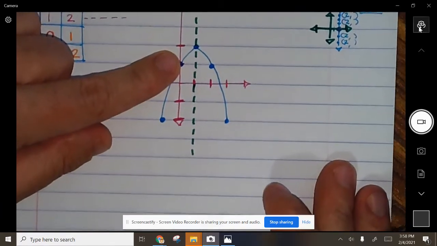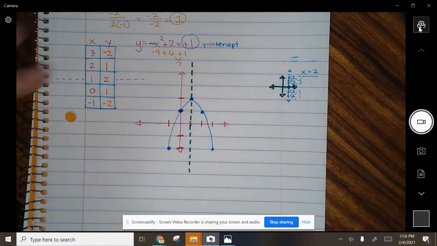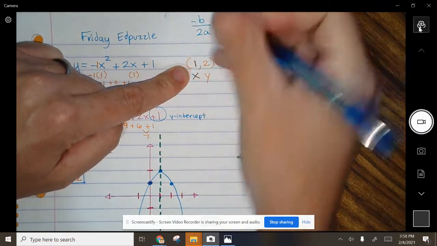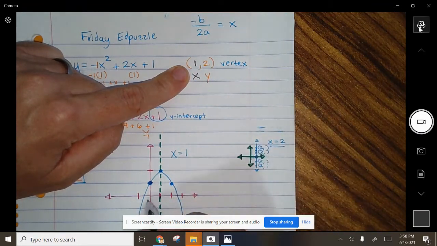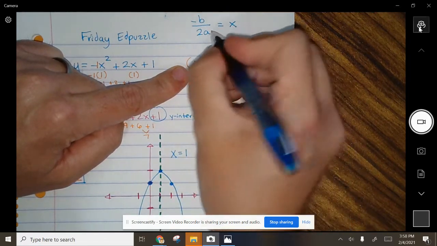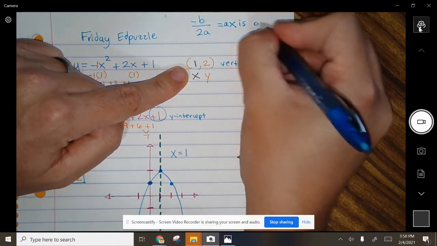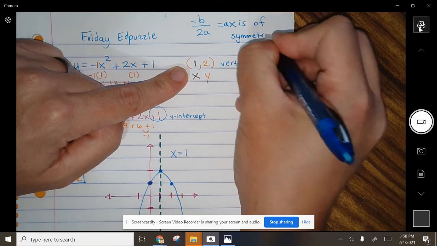This guy right here is where we started through the vertex. So if I said here, the 1, if I said to graph this line, isn't this x equals 1? Because wouldn't we put a point here and go straight up and down? So this formula is actually called the axis of symmetry.